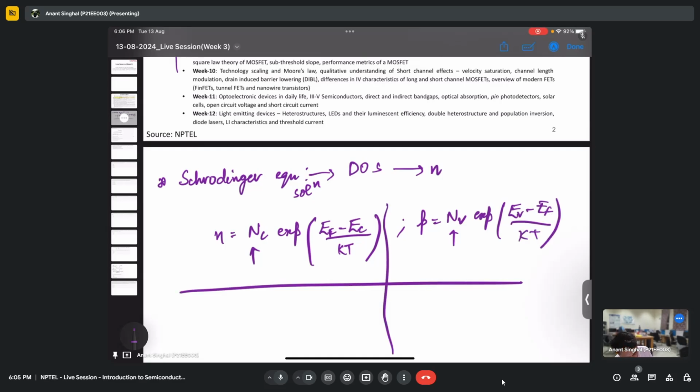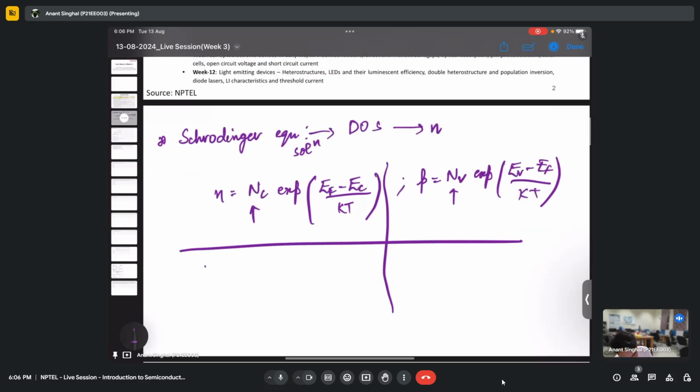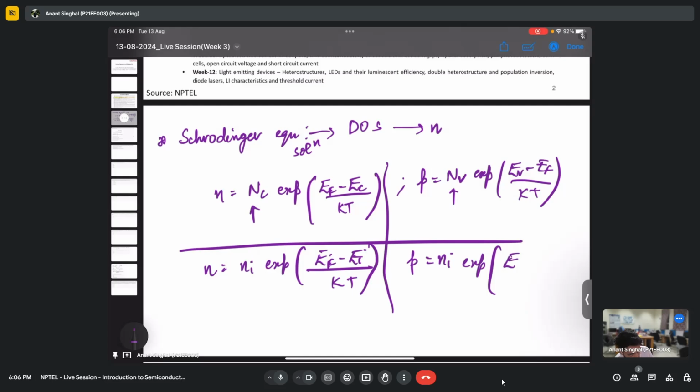Then with respect to the intrinsic level, we saw that n will be computed with respect to the Fermi level, that is EF minus EI over kT. And at last for p, we had the intrinsic level, exponential of EI minus EF over kT.